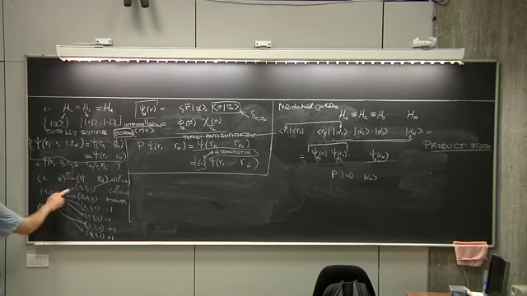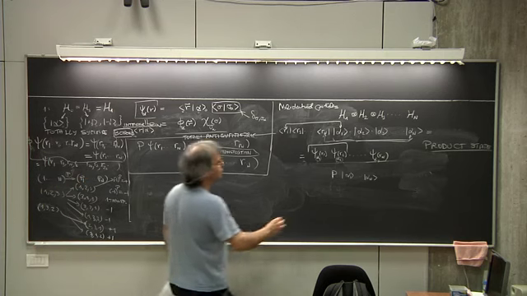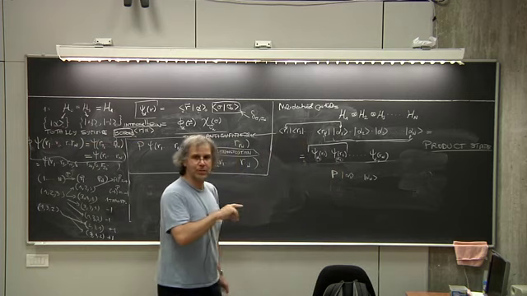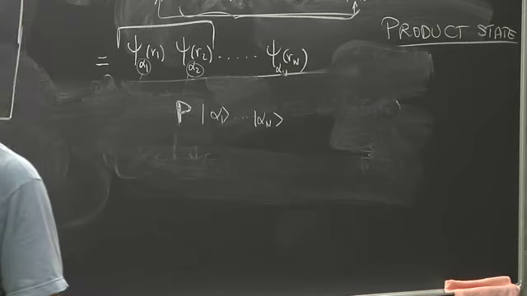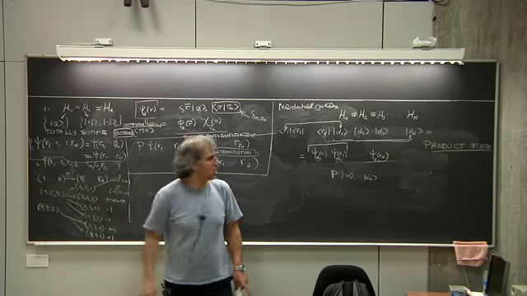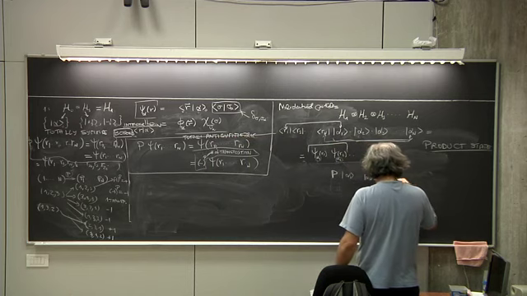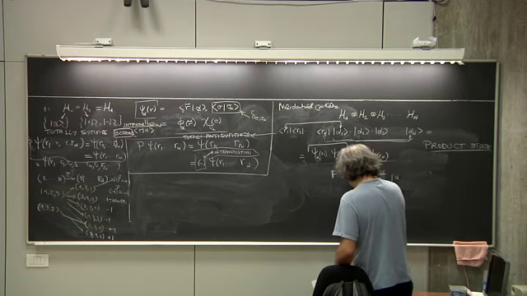I try to use a fat P to mean the operator that works on the Hilbert space and implements exactly a given permutation. A permutation of what? Of the labels, obviously.